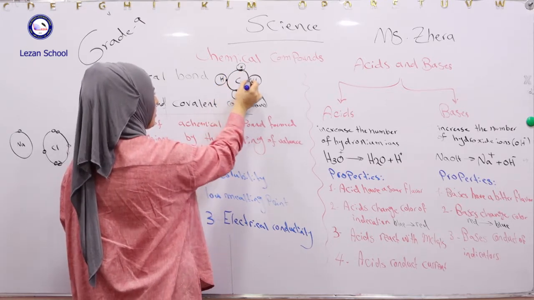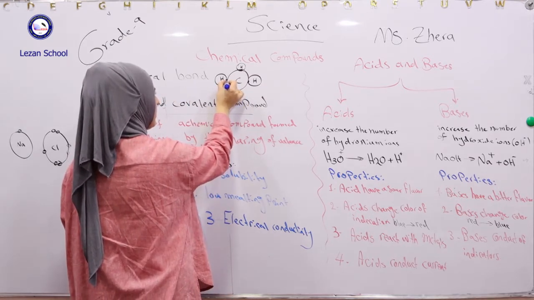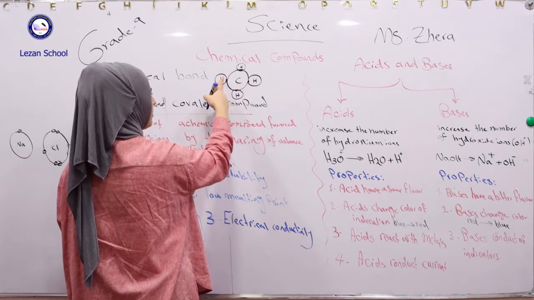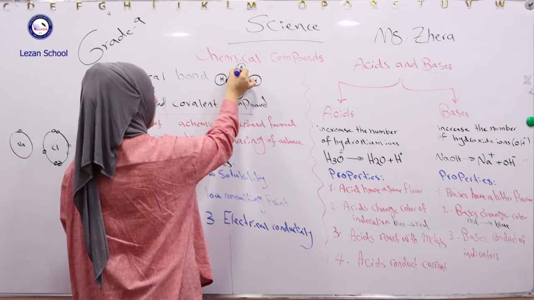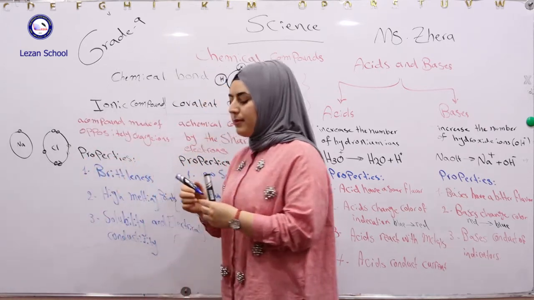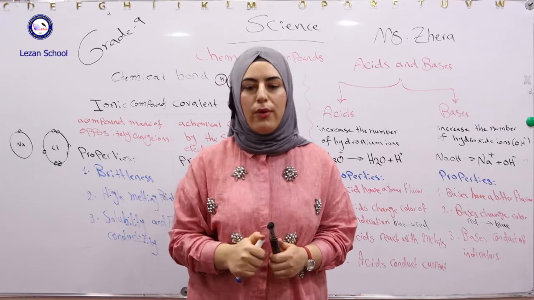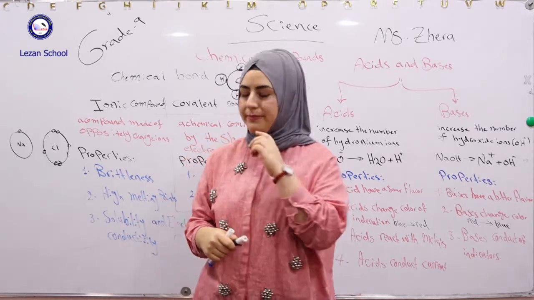Each hydrogen is combined by a chemical bond with the carbon. In each place they have a chemical bond. So a chemical bond is the force that combines two or more ions or atoms in a compound.